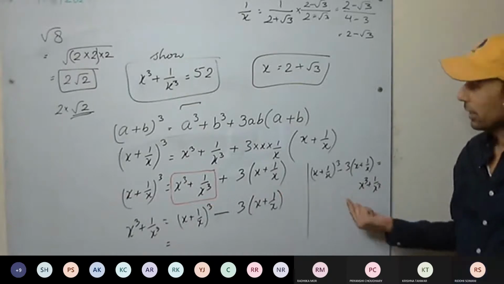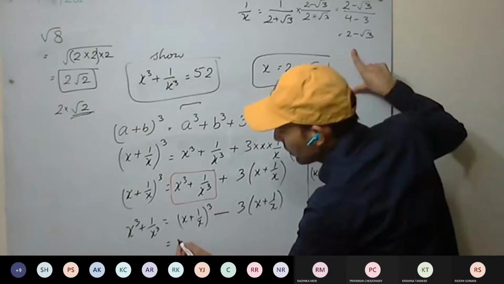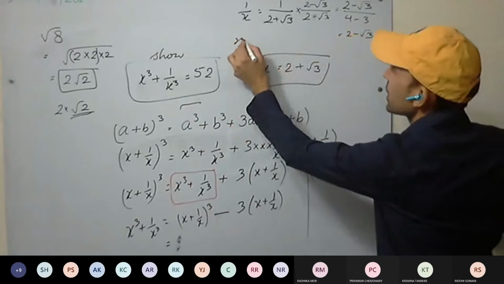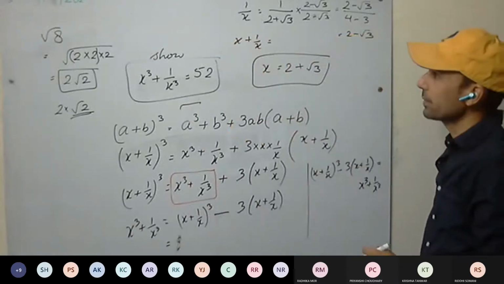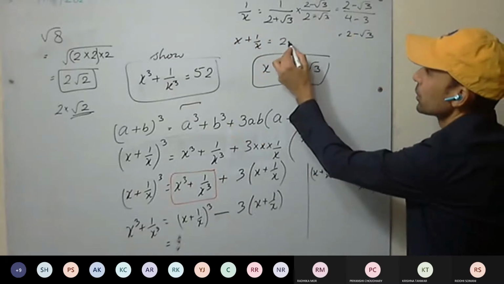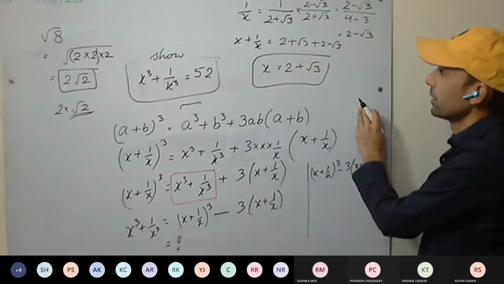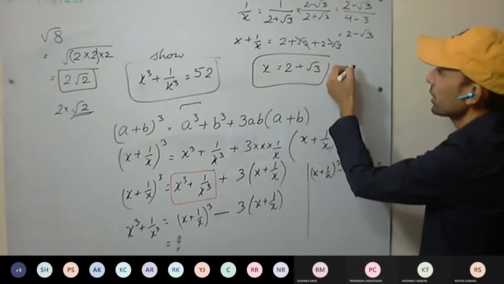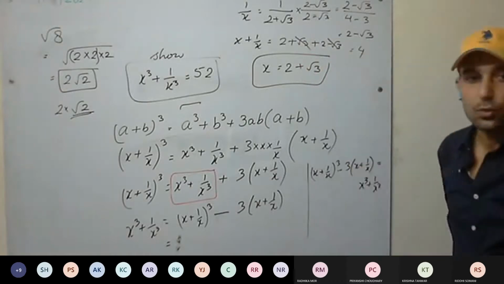Understood this step? One more step. So now put their values. What is the value of x plus 1 upon x? 2 plus root 3 plus 2 minus root 3. Root 3 minus root 3 is 0. How much are we getting? 4.